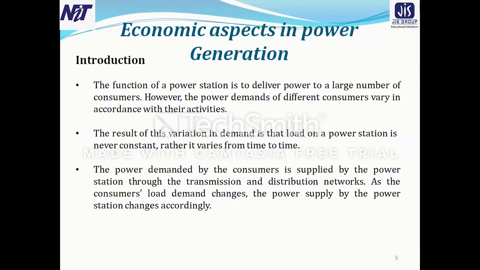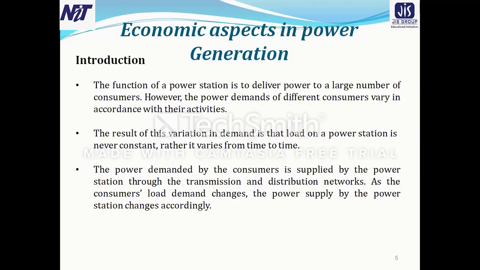So here, the function of a power station is to deliver power to a large number of consumers. However, the power demands of different consumers vary according to their activity. The result of this variation in demand is that the load on a power station is never constant.